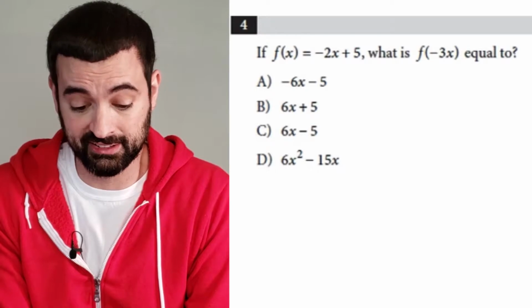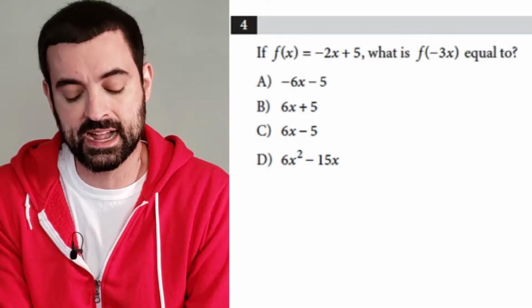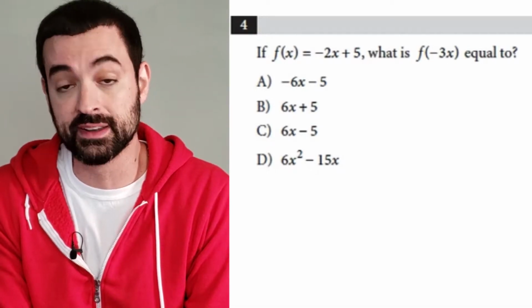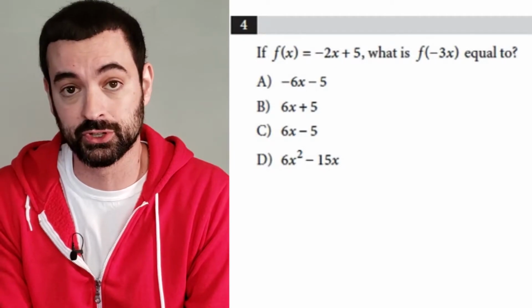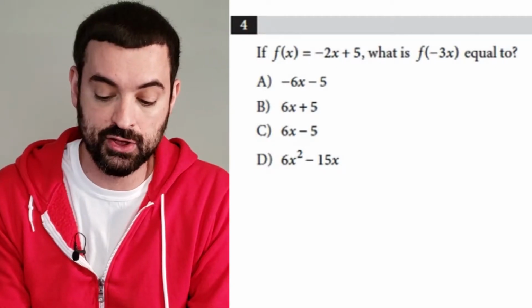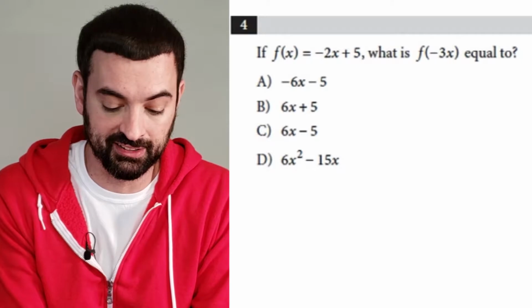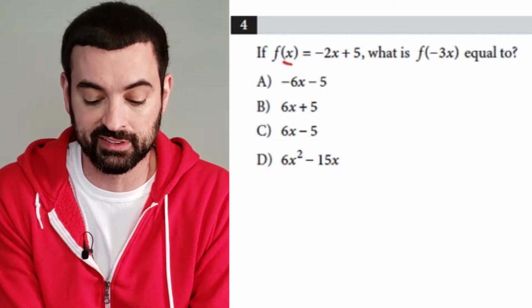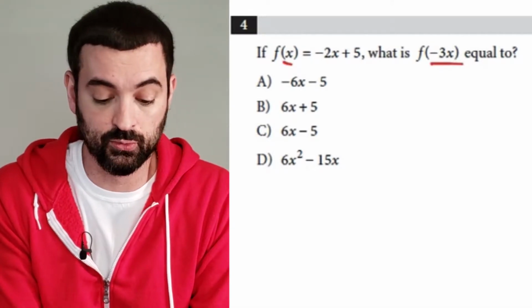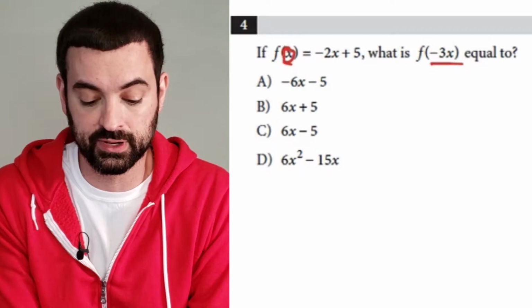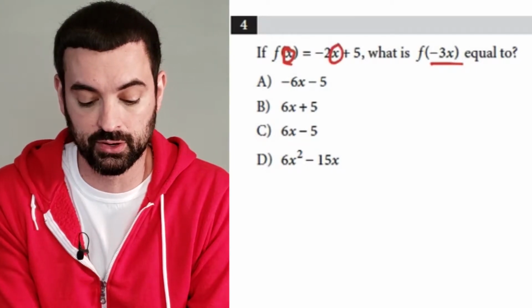If f of x equals negative 2x plus 5, what is f of negative 3x equal to? Well, you saw in my own example that whatever is in the parentheses can be substituted for. And whatever we substitute for x over here, we will substitute for x over here.